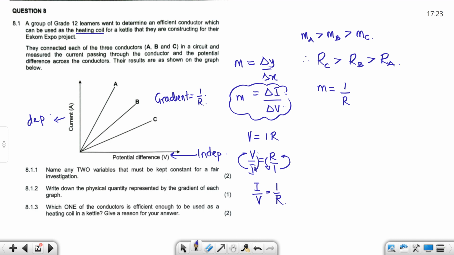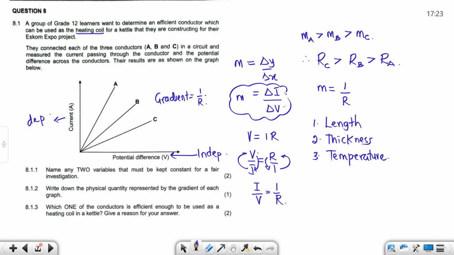All right. Name 2 variables that must be kept constant for a fair investigation. What should be kept constant? I would say number 1, the length of the cable. Number 2, the thickness of the cable. These are very important. Number 3, temperature. All of this should be kept constant because all of this will affect resistance. All right?